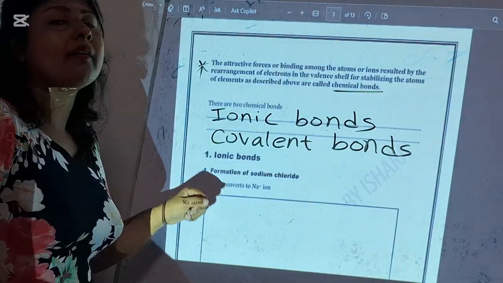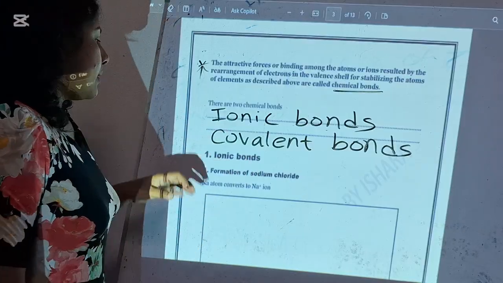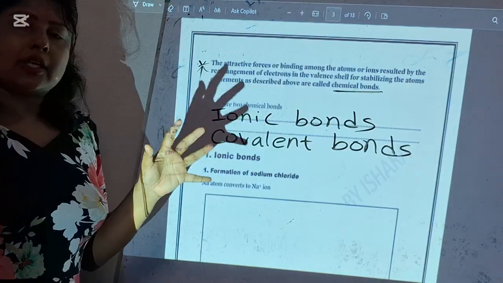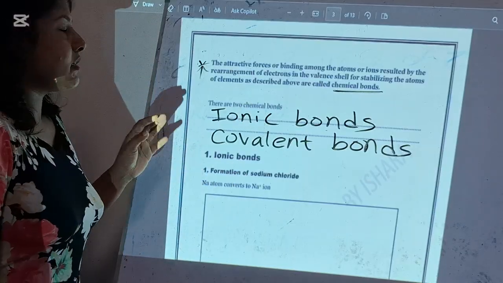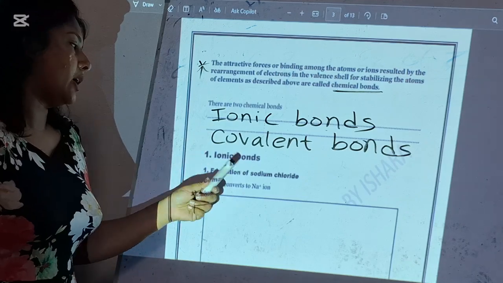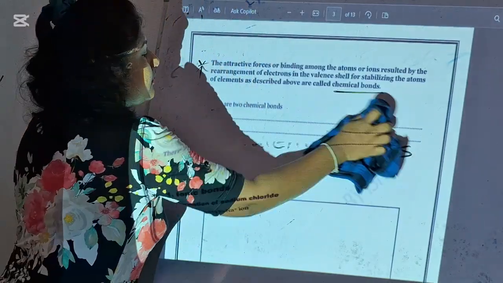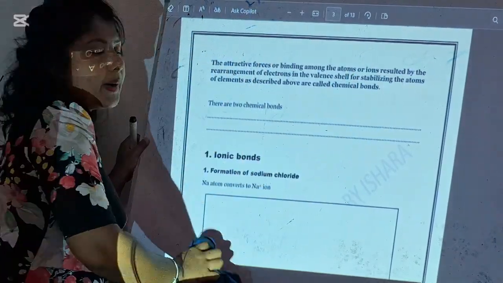Ionic bonds and covalent bonds, they are the two bonds we are going to talk about. First of all, I am going to explain about ionic bonds. Write the answers, ionic bonds and covalent bonds, in your tute. Then, shall we move to the next part of the lesson?